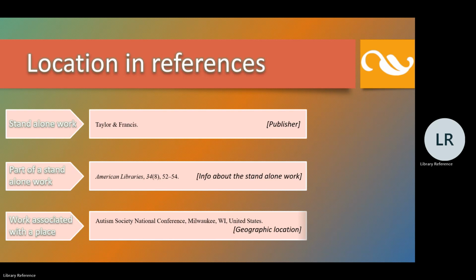Lastly, for a work that is associated with an actual place, what we include in the location element is the actual geographic location. And let me give you an example. Let's say we want to cite a conference paper presented in a particular conference that took place in a particular location.